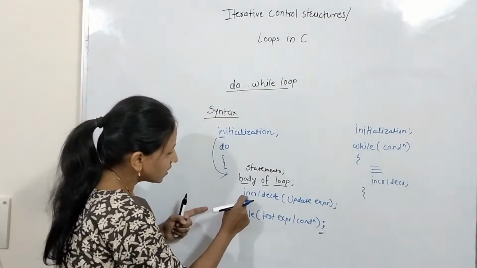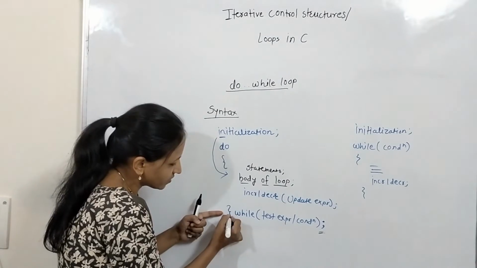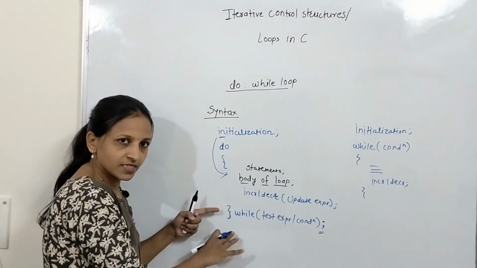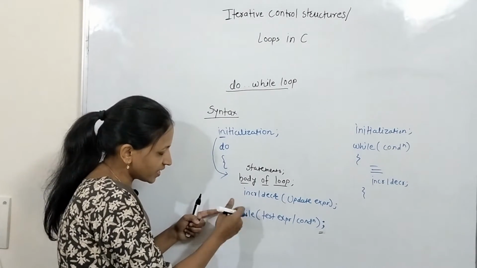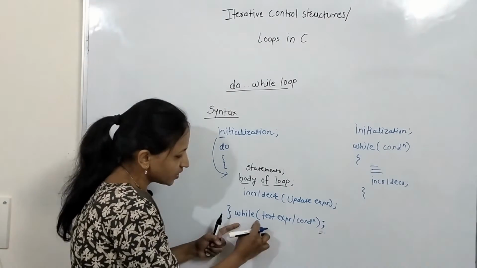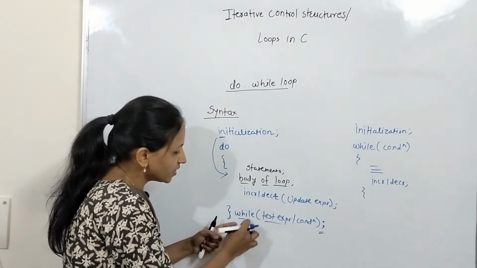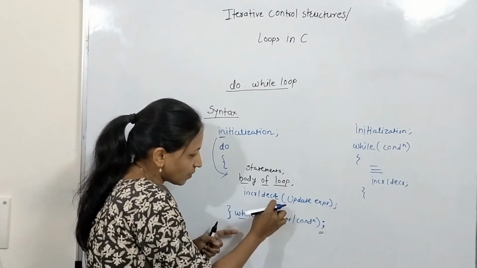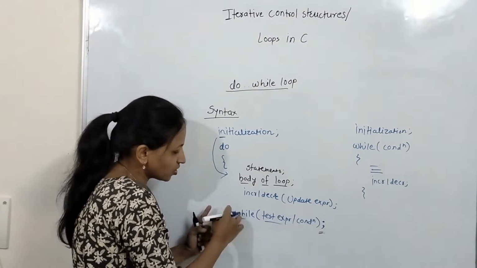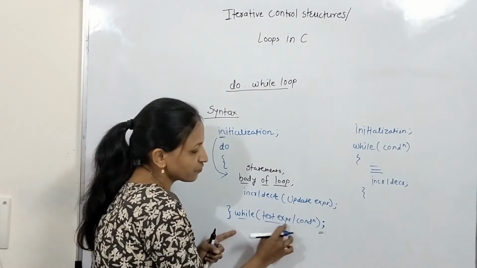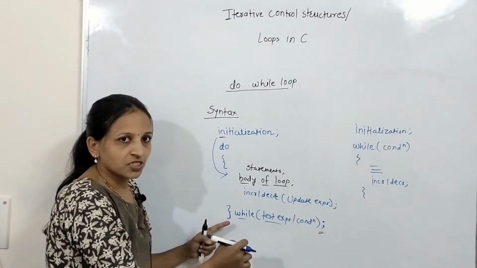Then at the end, whenever the exit point is there, while exiting from that loop, here we have written this while test expression or condition. After increment or decrement, control will come here and will check for the condition or test expression.